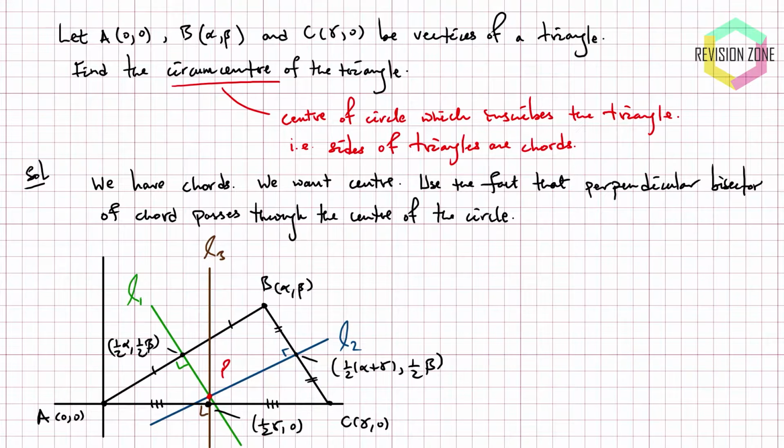And you can see that for this side too, this chord is split into two equal parts, and the line makes an angle of 90 degrees. And lastly, for this side, this chord is split into two equal parts, and this line makes an angle of 90 degrees, okay? So we need to figure out the equations of these three lines and then solve them simultaneously.